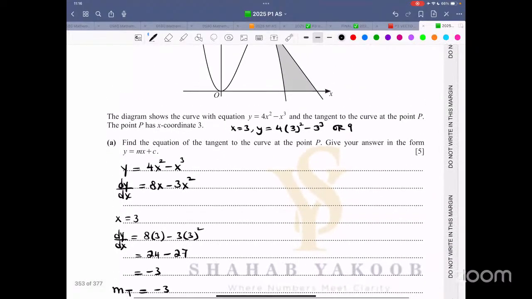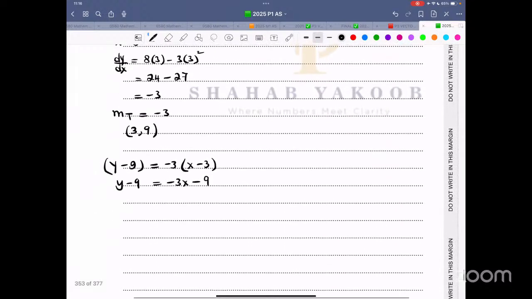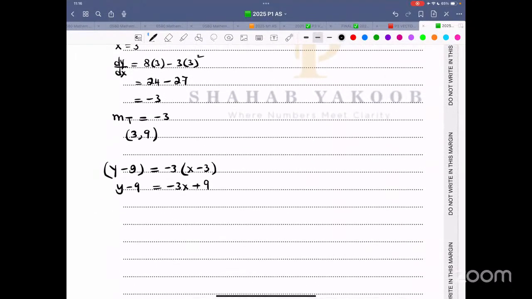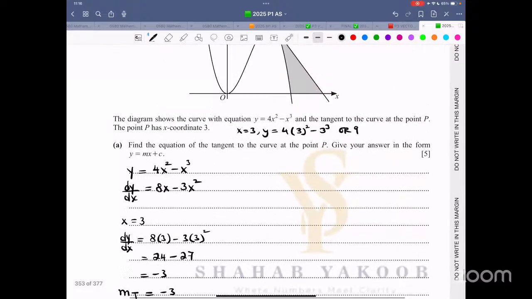The gradient of tangent. So 24 minus 27 is this thing, and y is 9. So therefore, this becomes plus 9. Yes, that could have been a major blunder. So y is equal to minus 3x plus 18, and that's the equation. So that's of the form this thing.